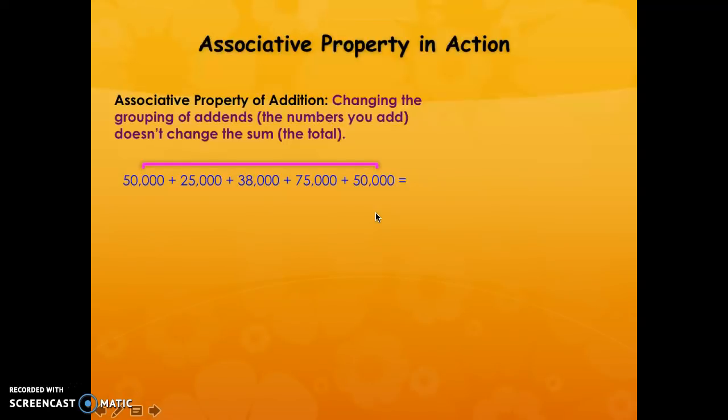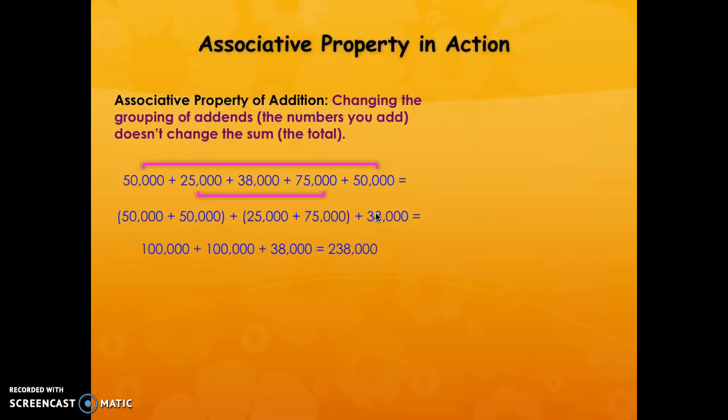Like I see that 50,000 and 50,000, I know in my head that that's 100,000. And I know that 25,000 plus 75,000 is another 100,000. So that gives me 200,000 plus my 38,000 for a total of 238,000. I can do that all in my head.